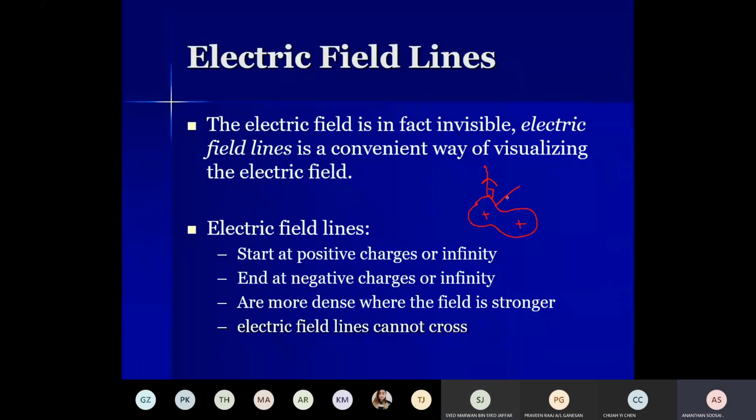When the field line goes out from the body, it has to be drawn perpendicular to the surface. Please add that as one point: the field line must be perpendicular to the surface.